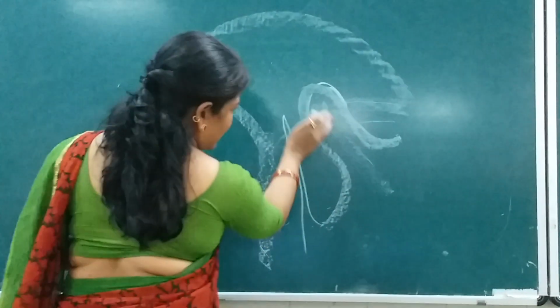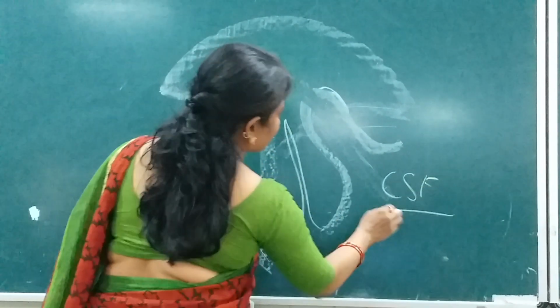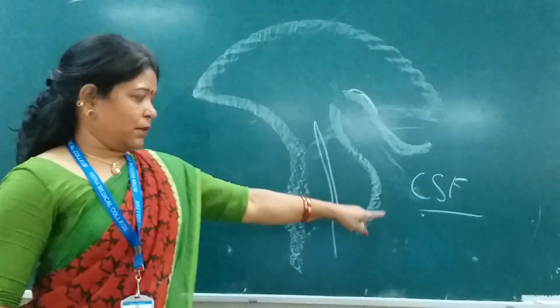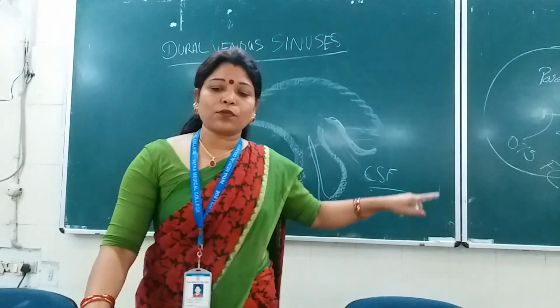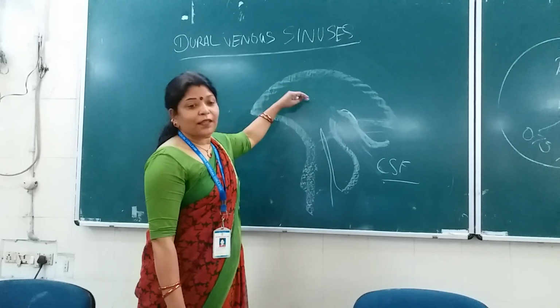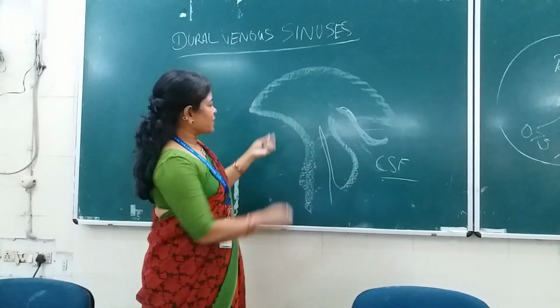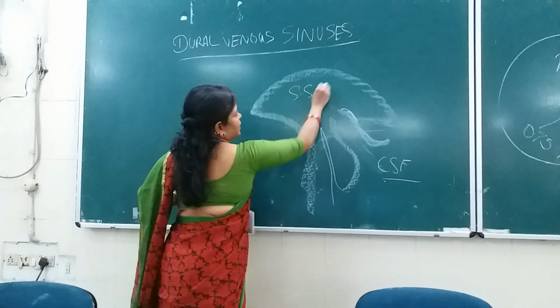And in this subarachnoid space there is CSF formation, and the flow of the CSF is not only confined in the subarachnoid space, it has to drain where? In the venous sinuses, especially, this is the coronal section of the superior sagittal sinus.